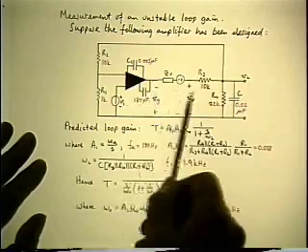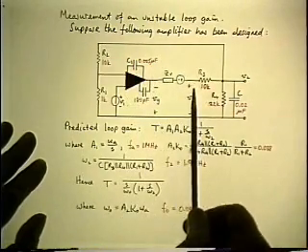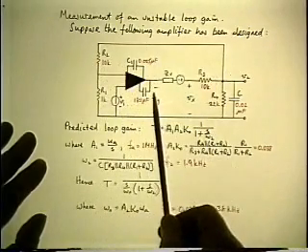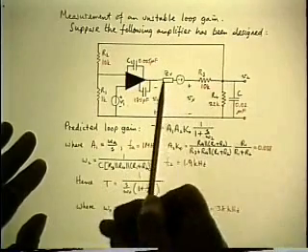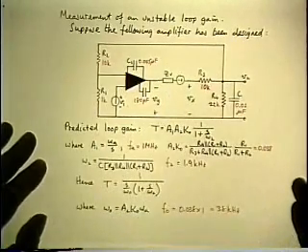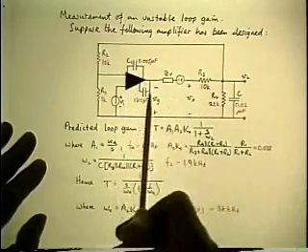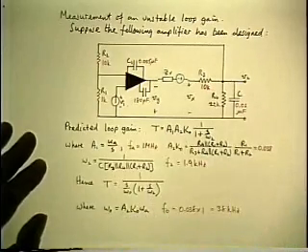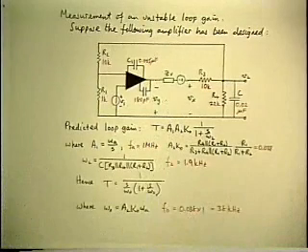But the measurement, Vy over Vx, and you can easily convince yourself, if you start with Vx and you follow it all the way around the loop back to Vy, that function is exactly the same. That has not changed by the addition of the ZV. But that is the function that used to be there when the loop gain was unstable. So that's what you measure. So that's how you measure an unstable loop gain.